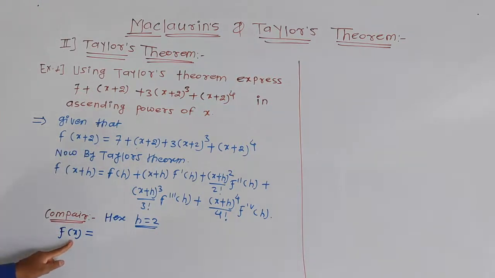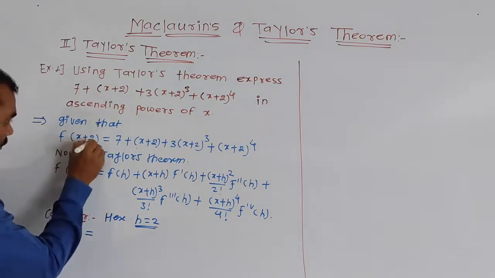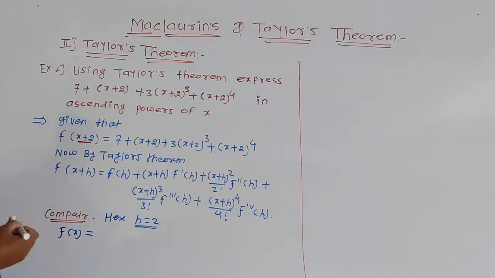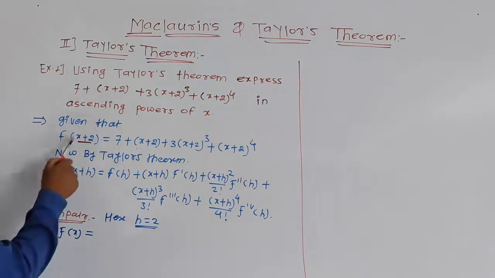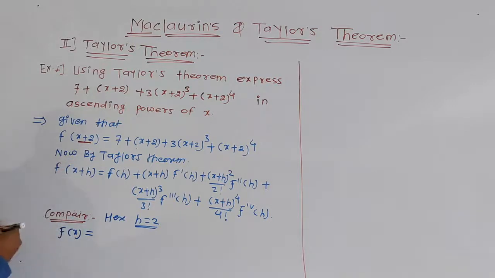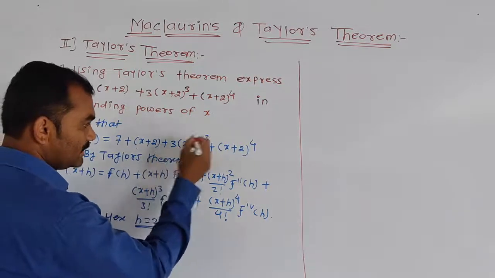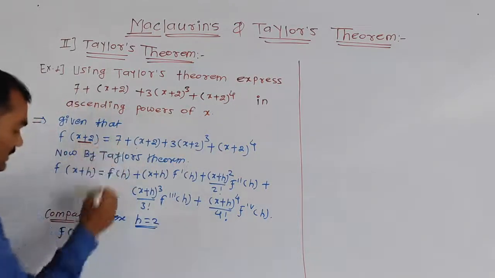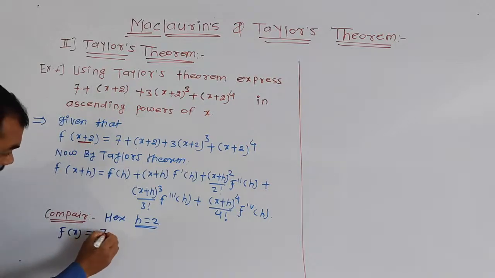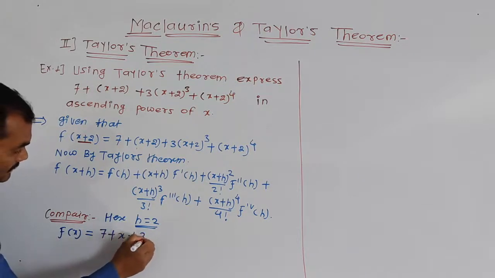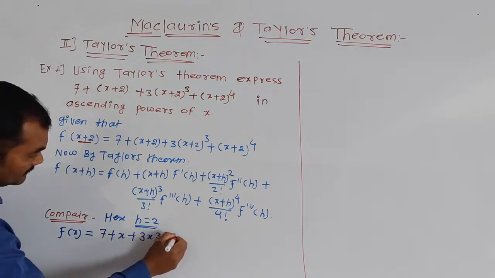Now we have to find the value of f of x. Here it is x plus 2 and here it is x, so we replace x plus 2 by x. Then what will we get? This is 7 plus x plus 3x cube plus x raised to 4.